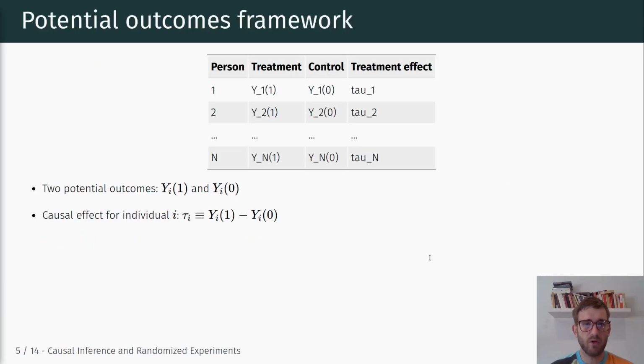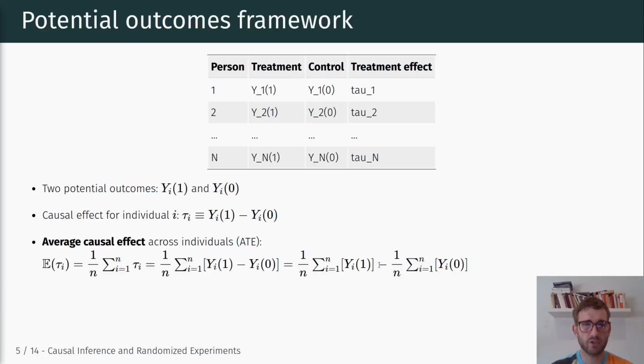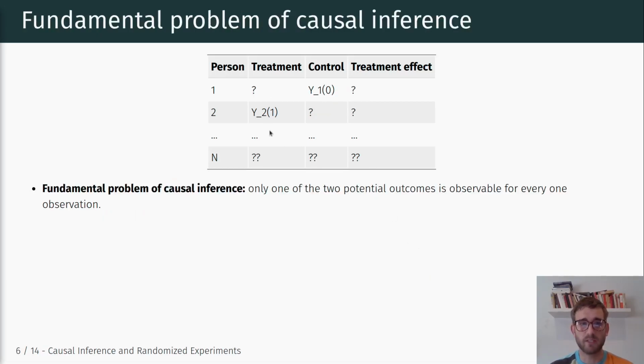Well, if we go all the way back to our average causal effect, remember that here we defined our average causal effect as the expectation of our taus, which we then separated into the expectation of our yi1s and our yi0s. But the problem was, of course, that a lot of these yi1s and yi0s were unobserved, right? This is the fundamental problem of causal inference. We don't see all of those potential outcomes, right?